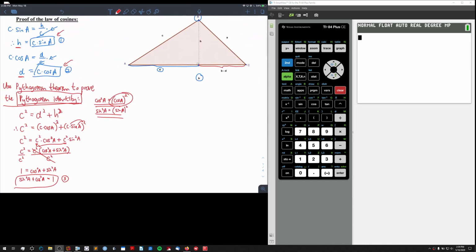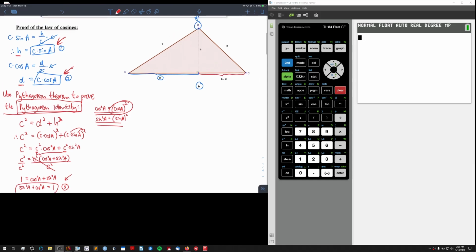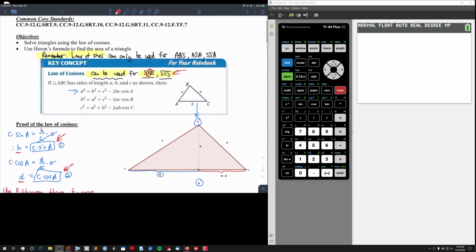We haven't proved anything yet. Basically, we've established this quantity right here, this quantity right here, and we've established that sine squared A plus cosine squared A equals 1. All right? So let's go back to the triangle and try to do something to establish this form of the law of cosines.